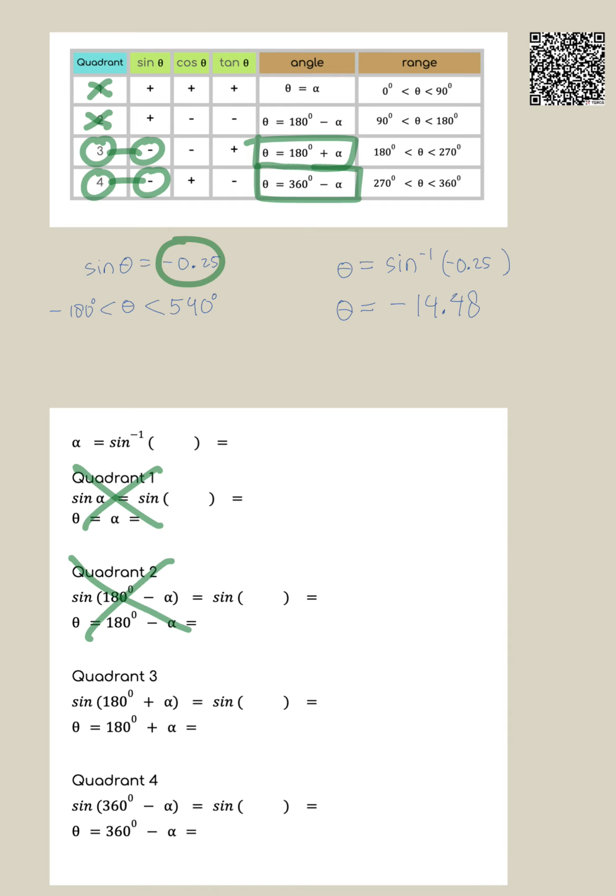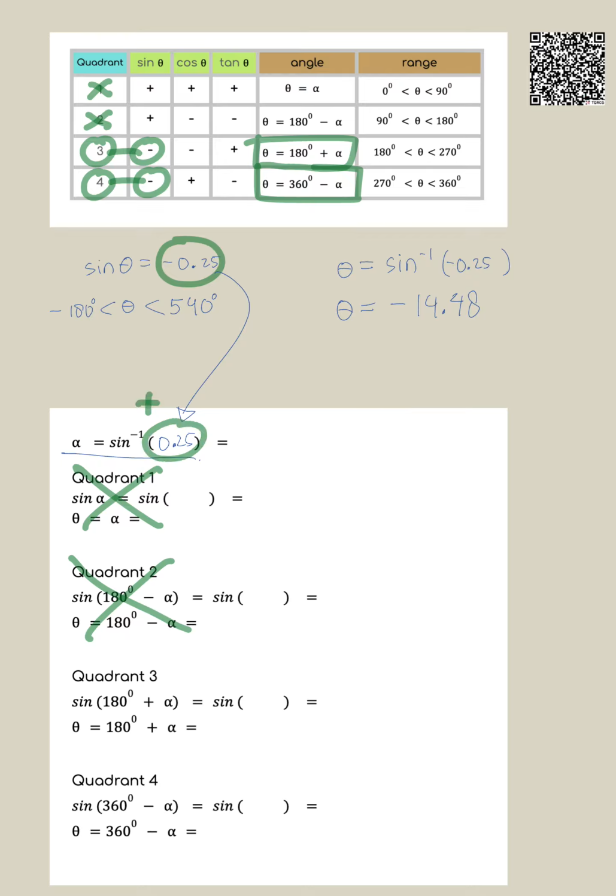How to get the alpha? Alpha is inverse sine of that number given in the question, 0.25. But don't forget, don't put negative 0.25. We must take the absolute value of that, which is positive 0.25.